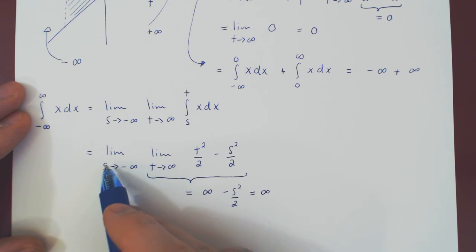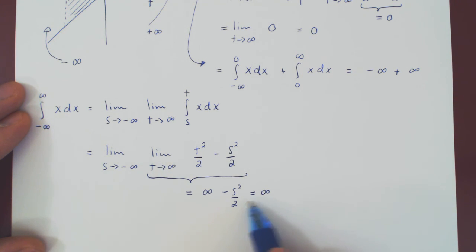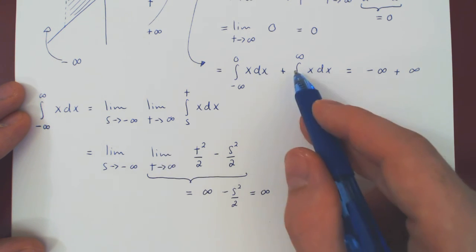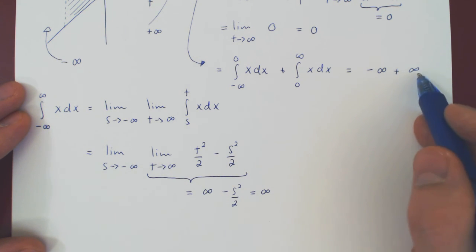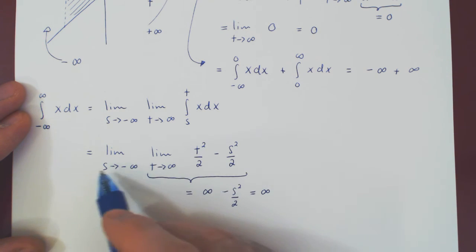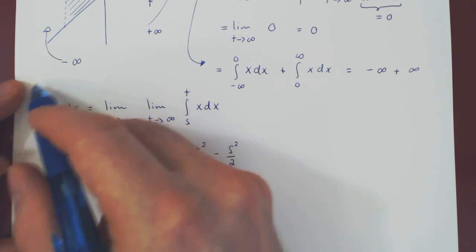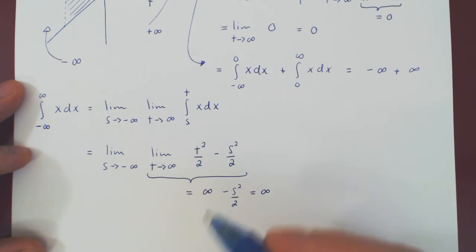And as you now try to let s approach negative infinity, it's not possible as the first limit does not exist, which is again this part right here, the positive infinity. And for this reason we say that the improper integral here actually diverges.